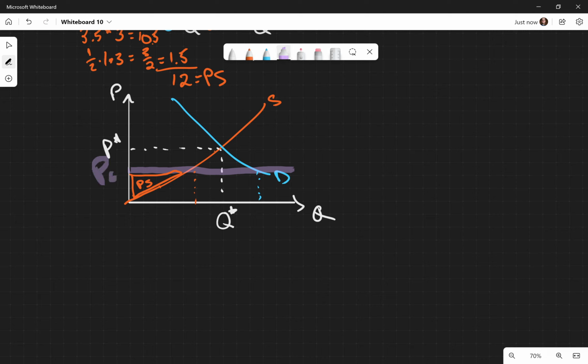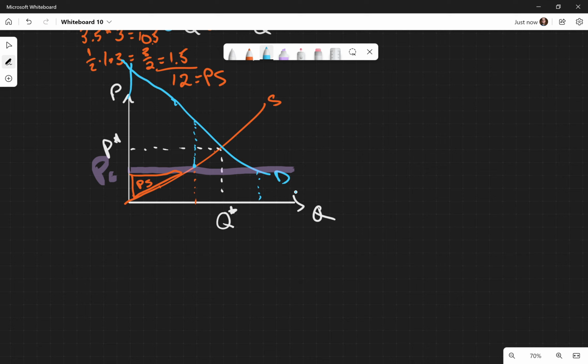Now, what about consumer surplus? Well, consumer surplus used to be this giant triangle up here. But now, as a result of this price ceiling, consumers are going to be paying this amount.